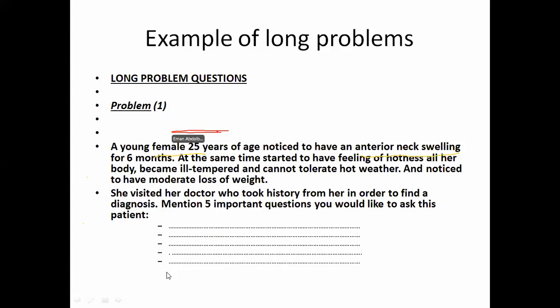Okay, what else? Moderate loss of weight. Yes, I agree with you.